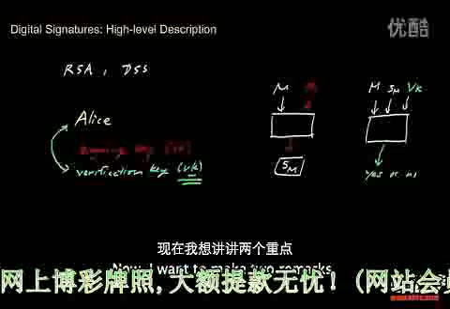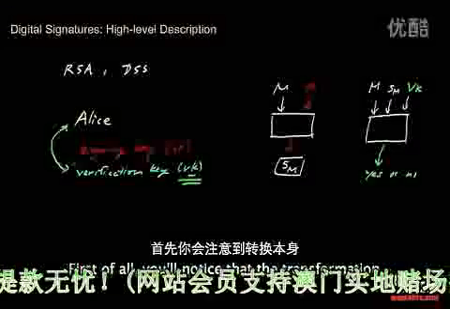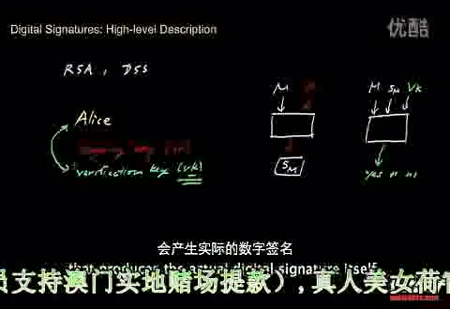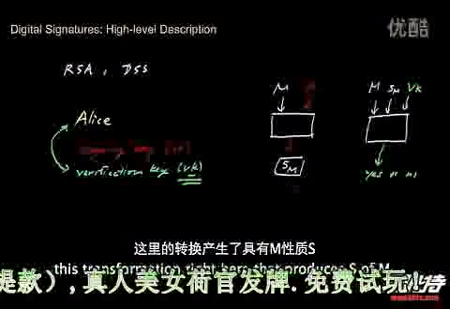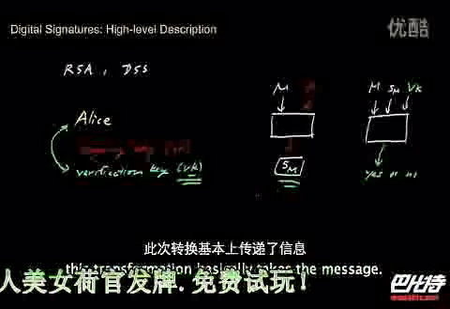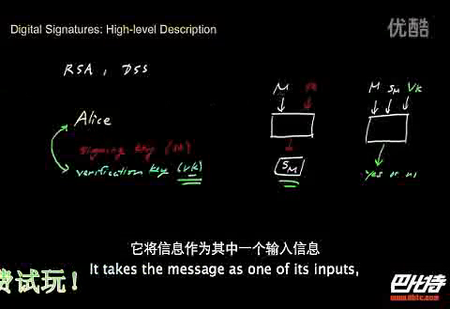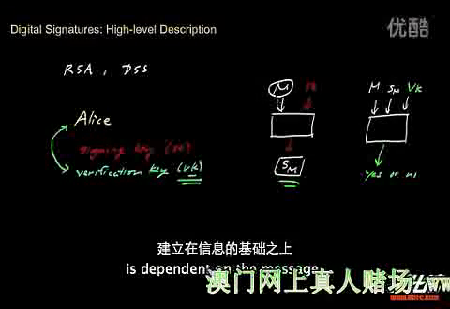Okay? Now I want to make two remarks, and I think they're particularly relevant. So first of all, you'll notice that the transformation that produces the actual digital signature itself, this transformation right here that produces S sub m, takes the message as one of its inputs. And what that means is that the signature is dependent on the message.